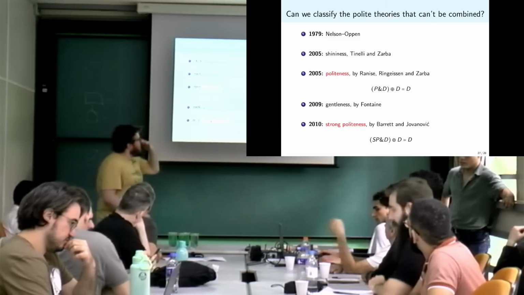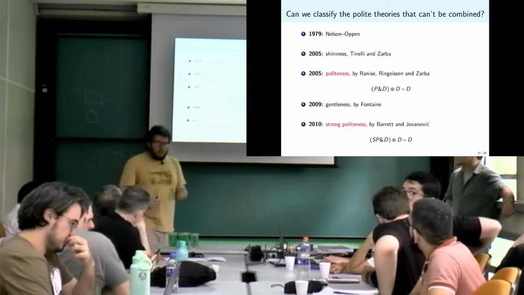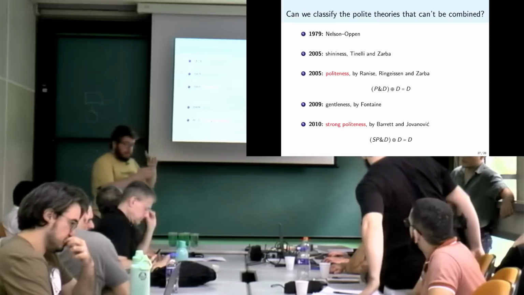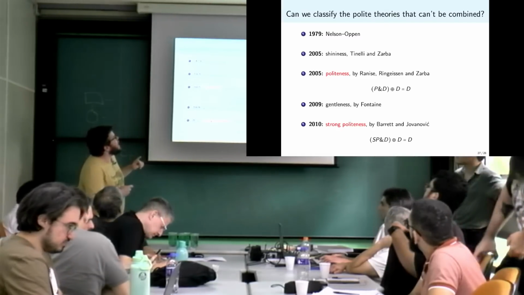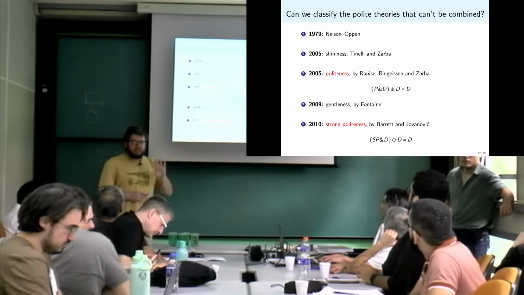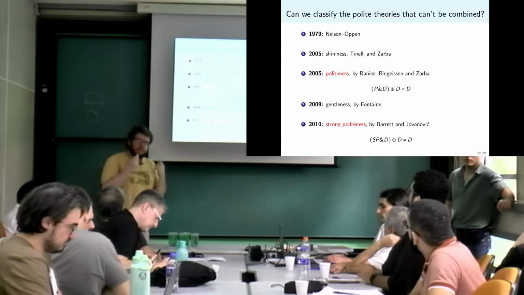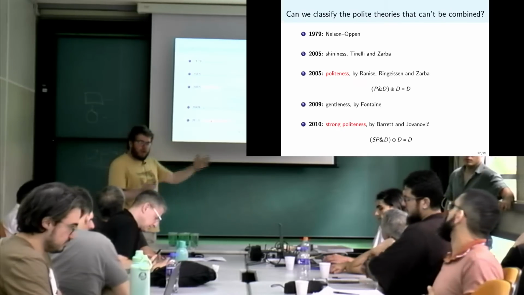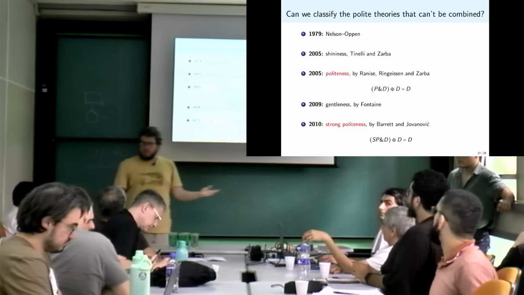Yes. And come on, 46 years, people came up with 4, and that's something I didn't mention, is that shininess and strong politeness are actually the same. They are just disguised. So there are actually only 3. 46 years, 3 methods, and in 2 months we have like 10 or 12, I lost count, of new combination methods.